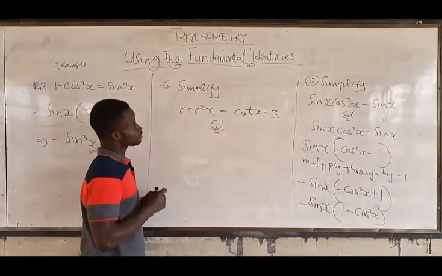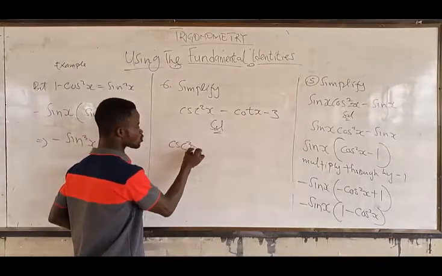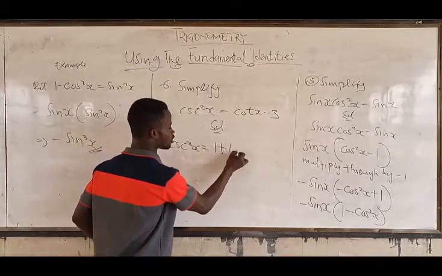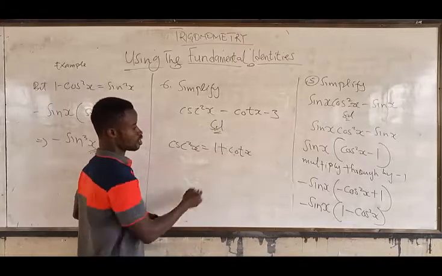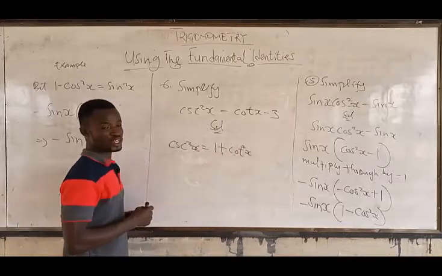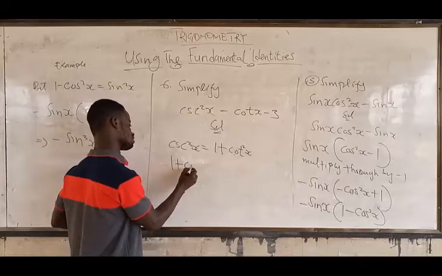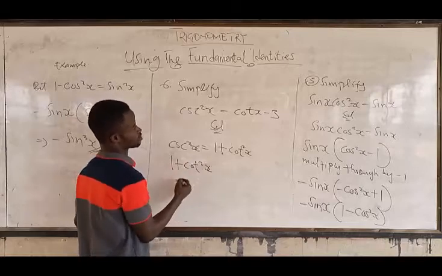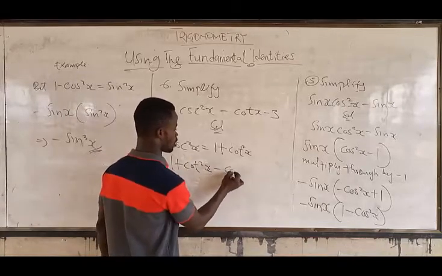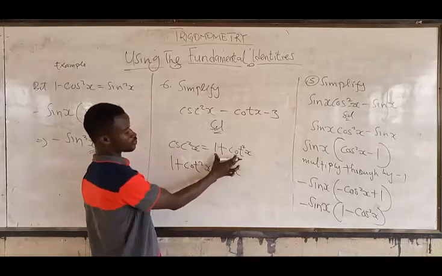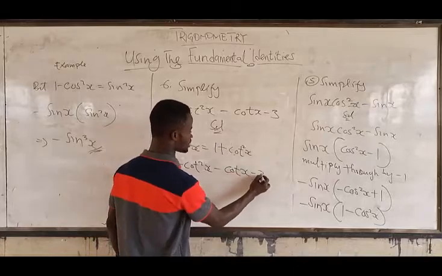We know that from the Pythagorean identity, cosec square x is equal to 1 plus cot square x. So instead of writing this, we can write 1 plus cot square x minus cos x minus 3.